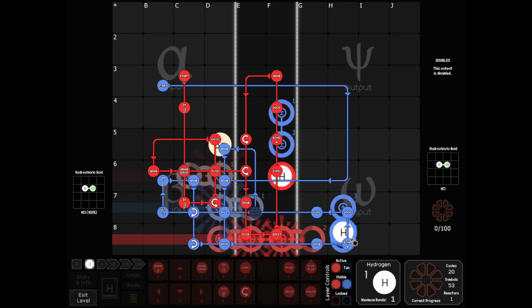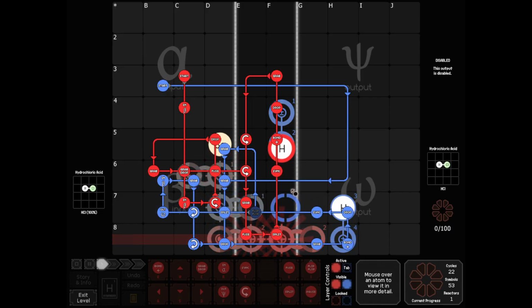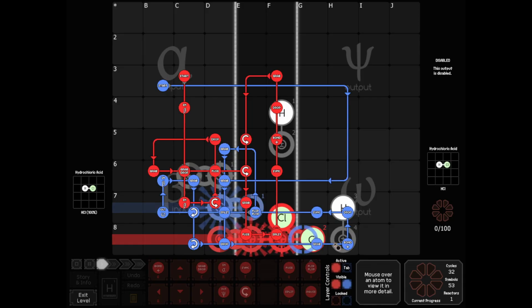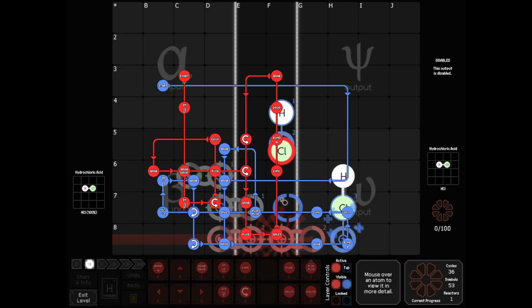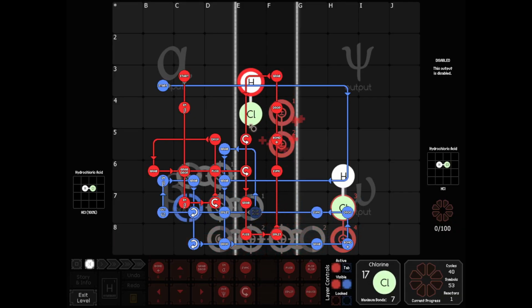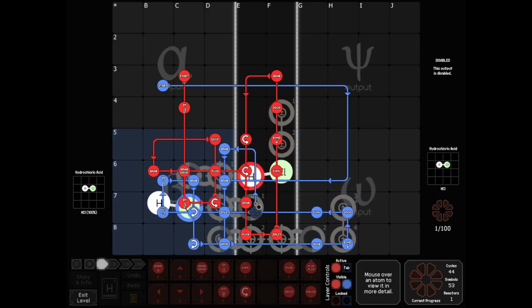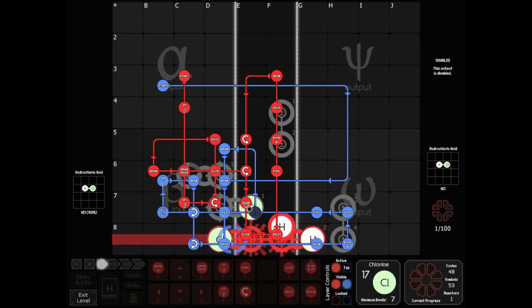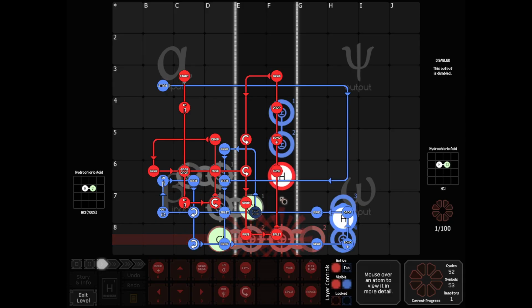So there's one hydrogen already there. And then it does the same with the chlorine. So there is no waste left right here, and instead just this one hydrochloric acid that is moving around in the middle. And then it is going through the cycle again.